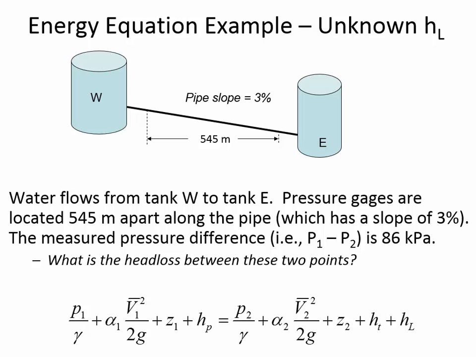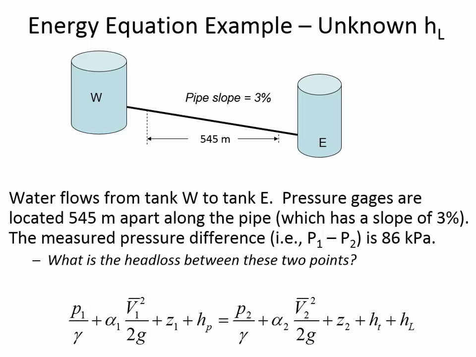And in a pipe that has the same diameter, the velocity has to be the same, because the continuity equation says that whatever flows into the pipe has to flow out of the pipe. So V1 equals V2. The elevation is changing, but not because of energy loss. The elevation is changing because of the pipe slope.